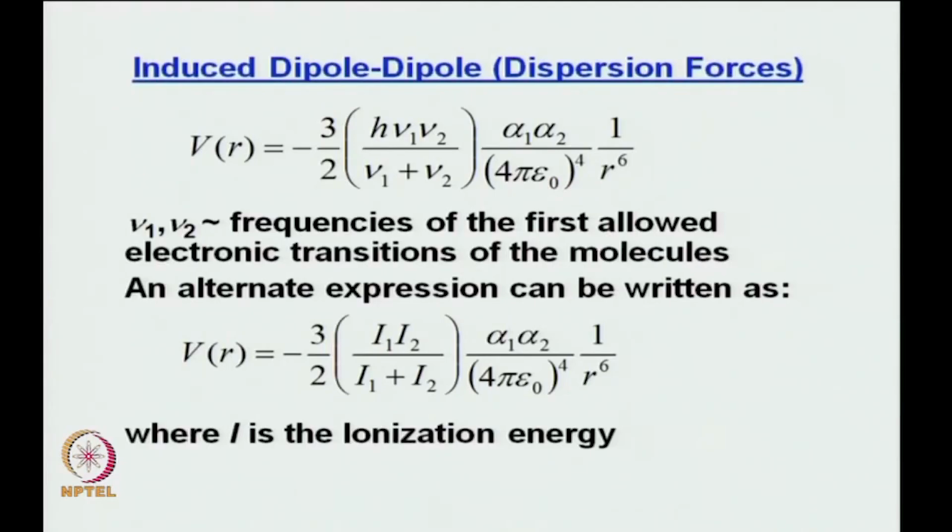We had also noticed this for dipole interactions when they were orientationally averaged. Here it is an induced dipole, but remember it is still a dipole, whether induced or not. The difference is that instead of polarizabilities we had the respective dipole moments, but here we cannot have a dipole moment, so that is replaced by polarizabilities alpha 1 and alpha 2.